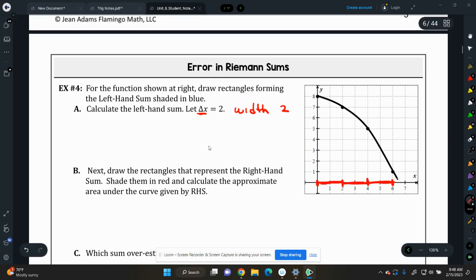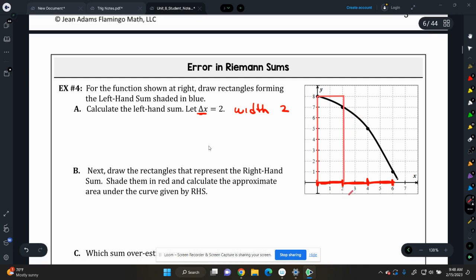It wants it to be a left Riemann sum. So when I draw my rectangle, the left edge has to come in contact with the curve. So there's the left edge, right? It has a width of 2. So there's my first rectangle. The left edge comes in contact with the curve.